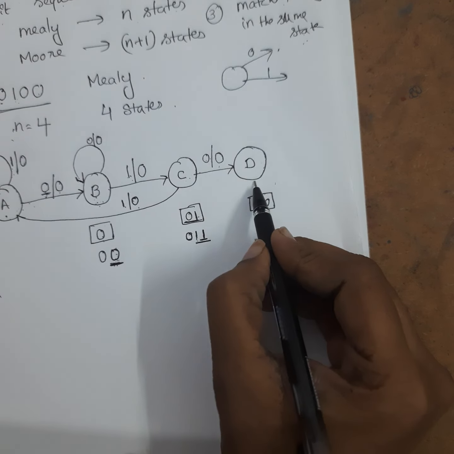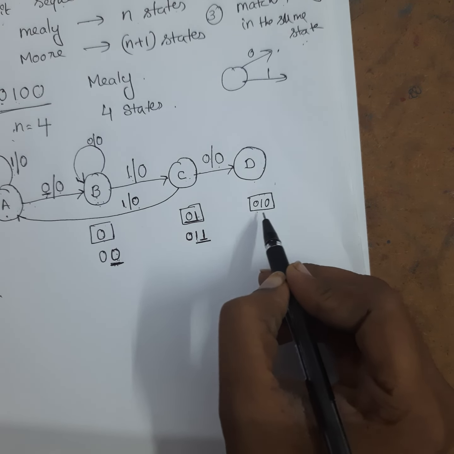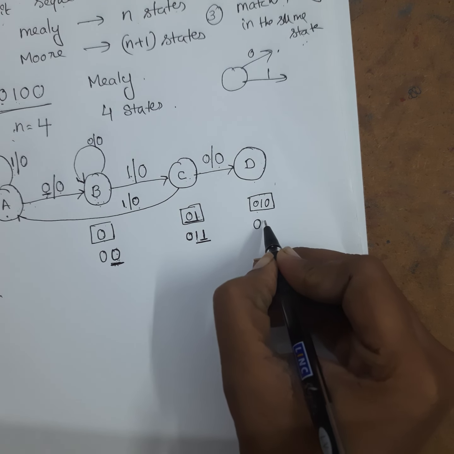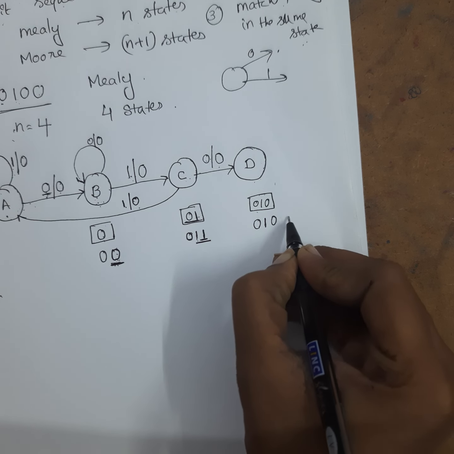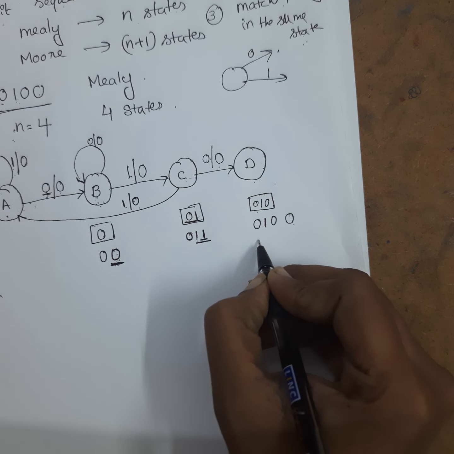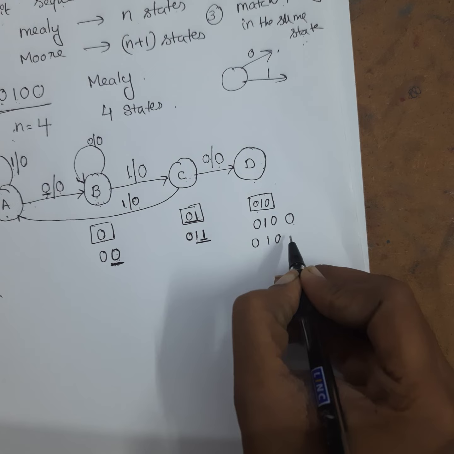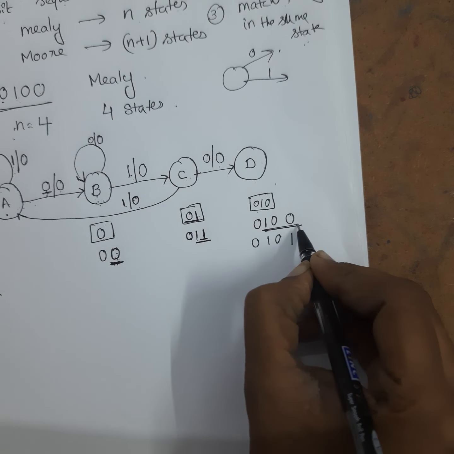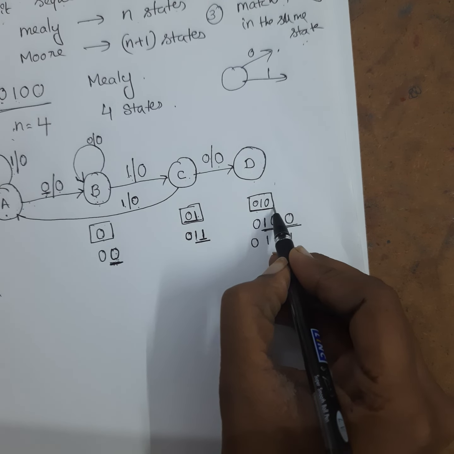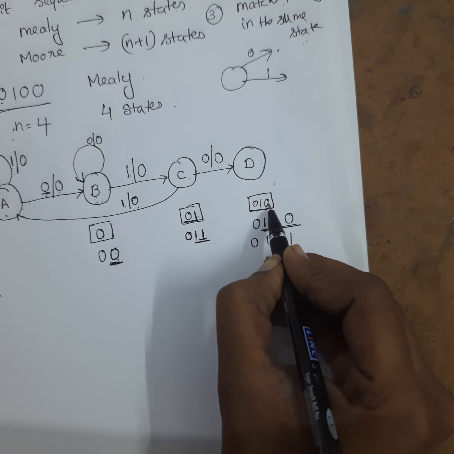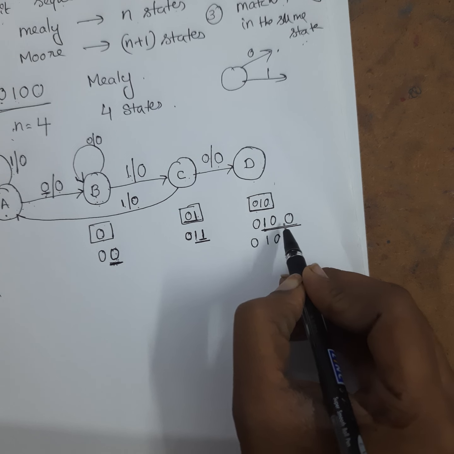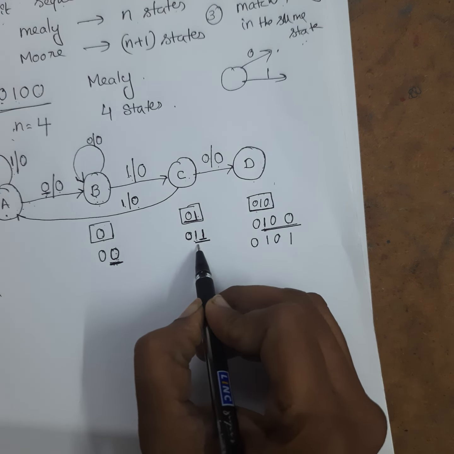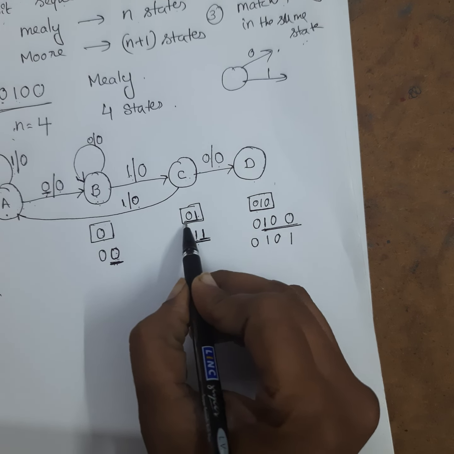And next, the final state. Here the detected bits are 0, 1, 0. We have to find out what happens for 0 and for 1. Let us compare 3 bits. 0, 1, 0 against 1, 0, 0: no match. Then go for the second state.